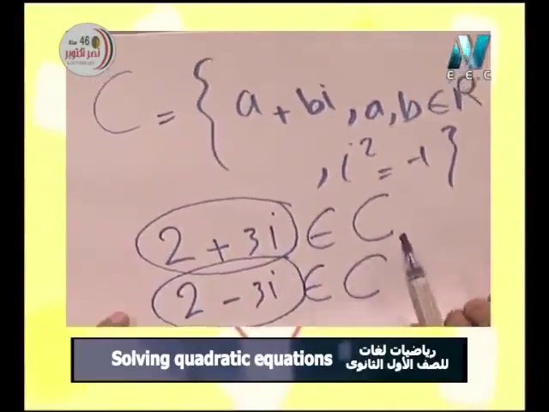We will talk about conjugates. We studied in preparatory 2 about conjugates. For conjugate numbers, the middle sign, if positive, becomes negative, and if negative, becomes positive.